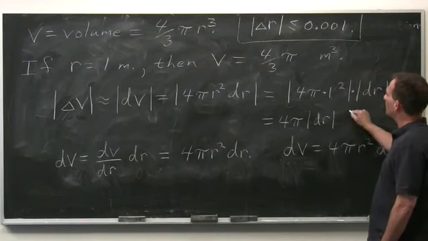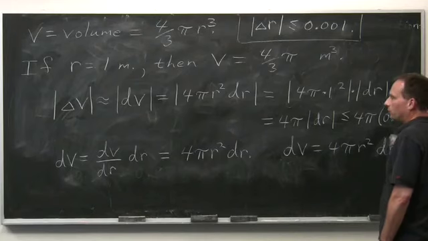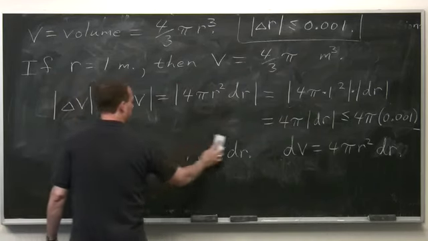So what do we get? We get this is less than or equal to 4 pi times 0.001. And that's our approximation of how inaccurate.